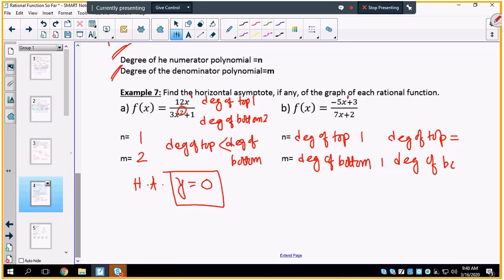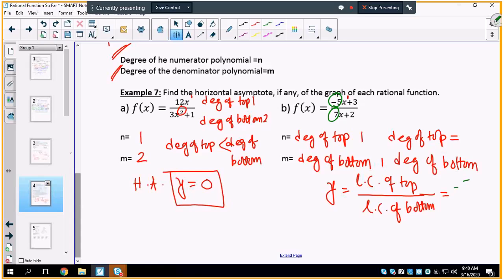Degree of the top being equal to degree of the bottom, I get to say y equal to leading coefficient of top over leading coefficient of bottom is going to be the horizontal asymptote. So what is the leading coefficient of the top? The leading coefficient of the top is -5, and leading coefficient of the bottom is 7. So I get to say -5 over 7. Hence, y equal to -5 over 7. This straight line is the horizontal asymptote.